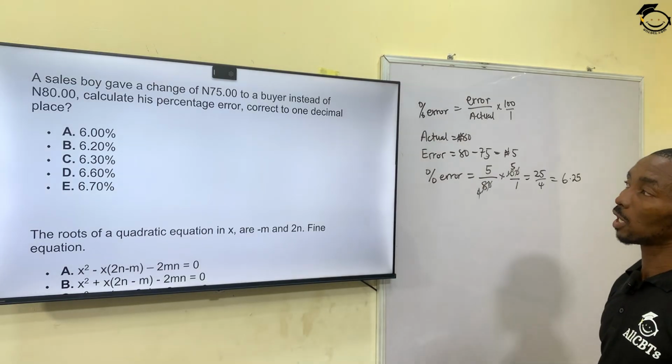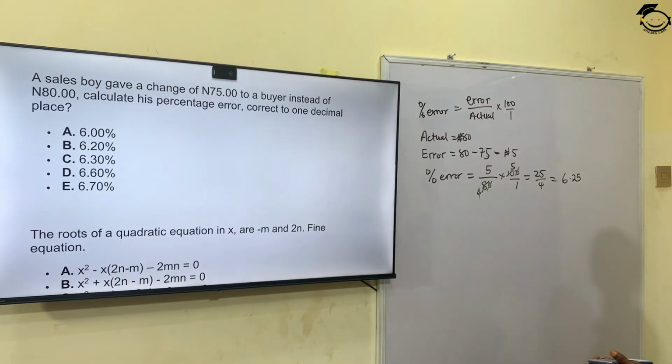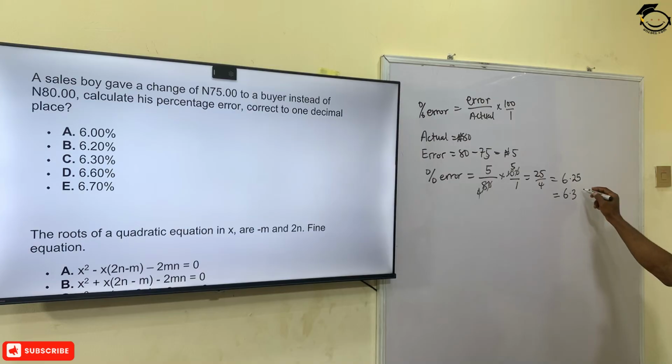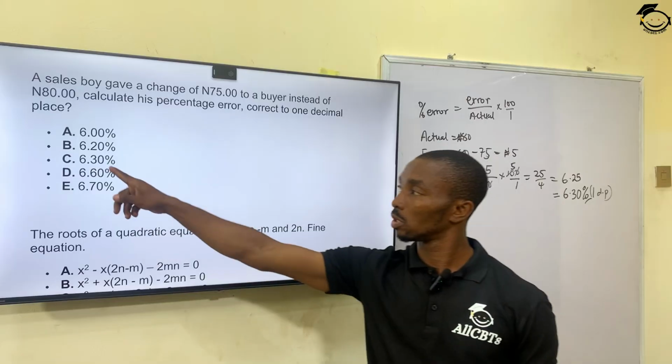But now, they said we should correct to one decimal place. Correcting to one decimal place would give us 6.3. Why? Because 5 is more than 4, so we add 1 to 2 to give us 3. So this becomes 6.3%, to one decimal place. So our answer will become option C.